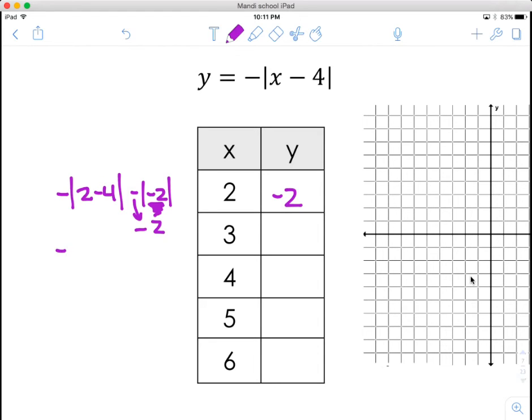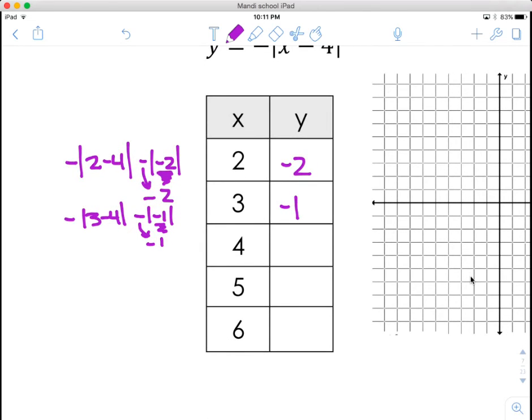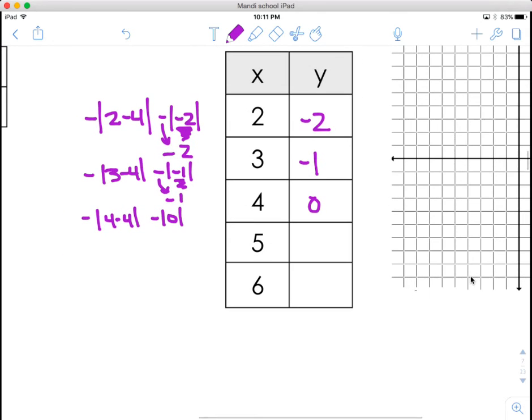Okay, so let's do the same thing with 3. So that's going to be negative on the outside of negative 1. Well, this part becomes a positive 1, but you bring the negative down. And like I said, we'll learn how to do these in our calculator too. So 4 minus 4, well, that's the negative absolute value of 0, and 0 can't be negative. Then 5 minus 4, so that's negative absolute value of 1, so that's negative 1.